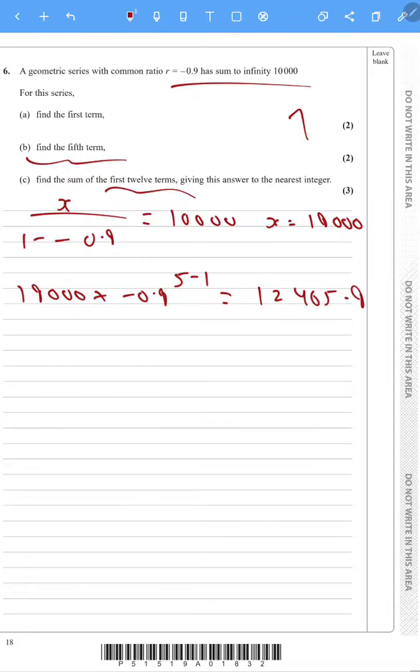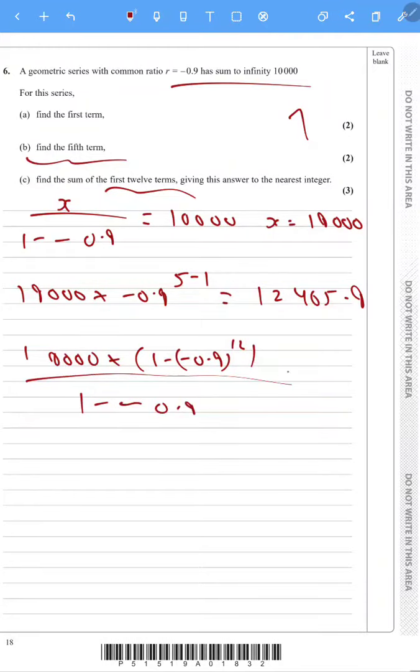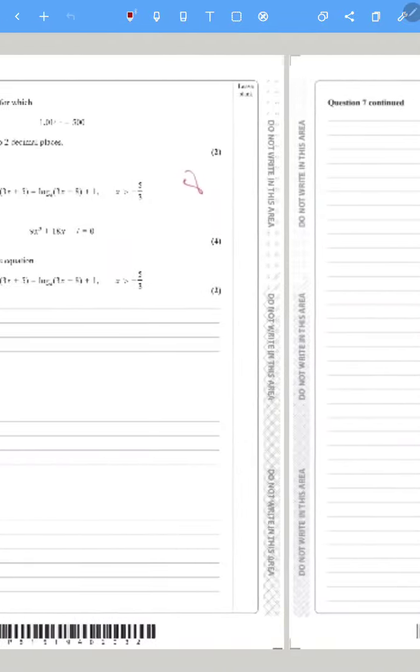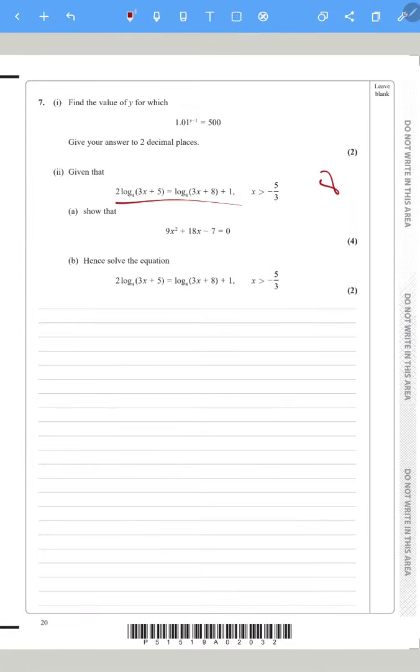And the sum of the first 12 terms, that is 19000 times 1 minus 0.9 to the 12 over 1 minus 0.9, equals 1900 times 1 minus 0.9 to the 12 over 1 minus 0.9. I really hope I'm not counting these wrong. Done. Next one, this one's worth 8.